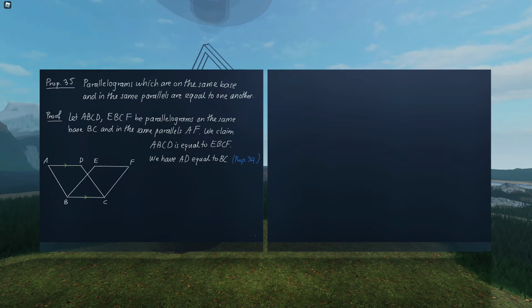But then by the same argument, BC is equal to EF, right? So by common notion 1, I suppose, AD is equal to EF.